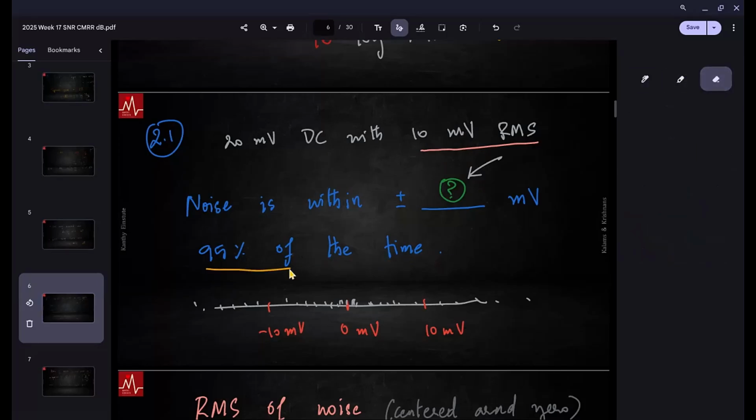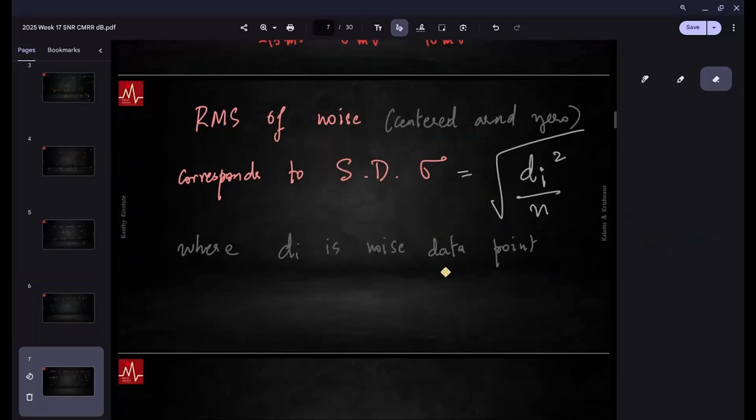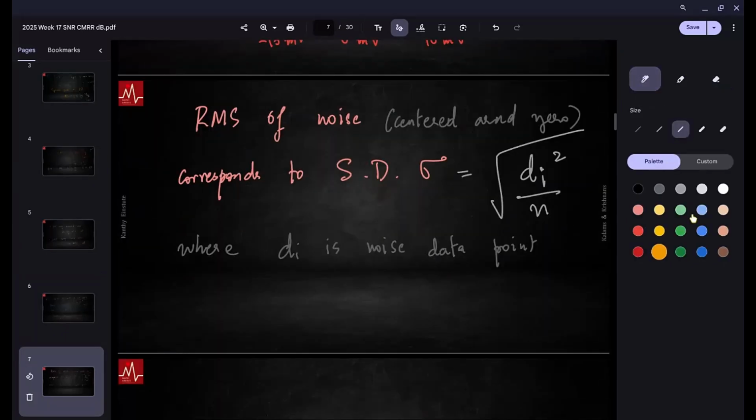We know the noise distribution. Sigma, that is noise distribution, in RMS.